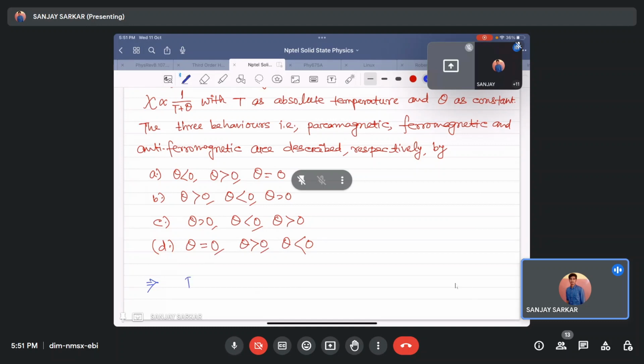For paramagnetism, this is the famous formula, chi equal to C by T. So this you already know. For paramagnetic, theta should be 0. So option A and B cannot be true, because for option A and B, theta is either less than 0 or greater than 0 for paramagnetism. So either option C or option D is correct.